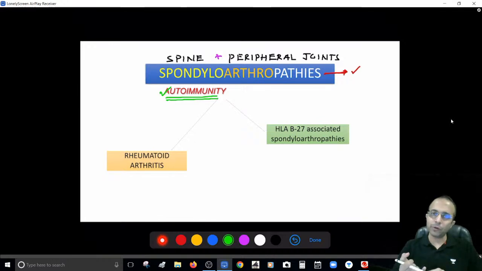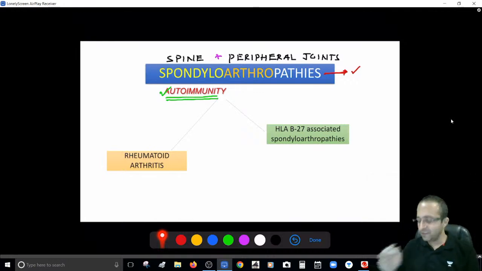You have to have multiple joints involved, which would include the central skeleton like the spine, the pelvis, and the peripheral joints like the hip, knee, shoulder, and even the hand joints. That's where we'll call it spondyloarthropathy, provided you find there is an element of autoimmunity.